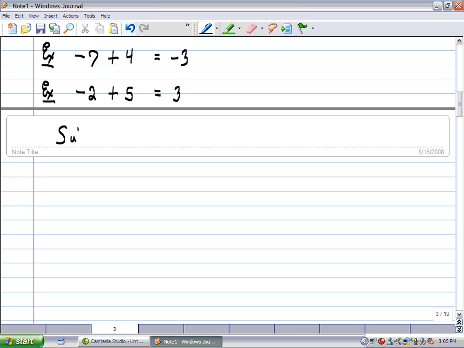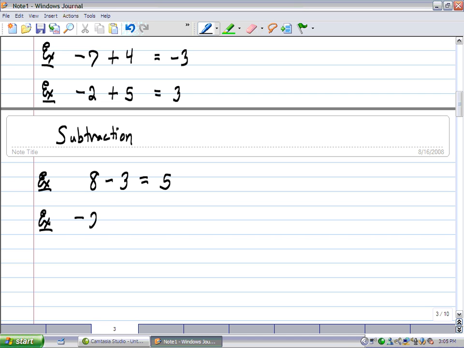Subtraction, if we want to think about subtraction, we're really just doing addition. So the easiest way to think of subtraction is to change it to an addition of a negative number and keep going. So of course, don't forget what you've always known. 8 minus 3 is still 5, just like always.